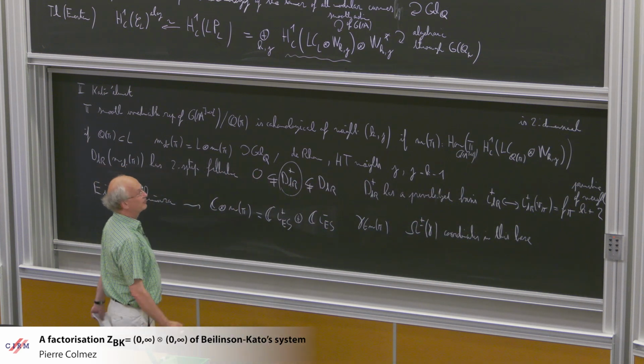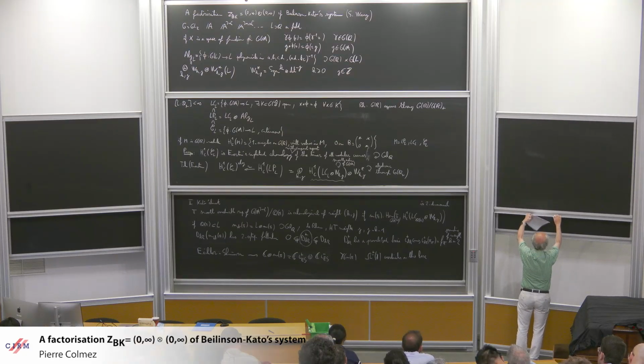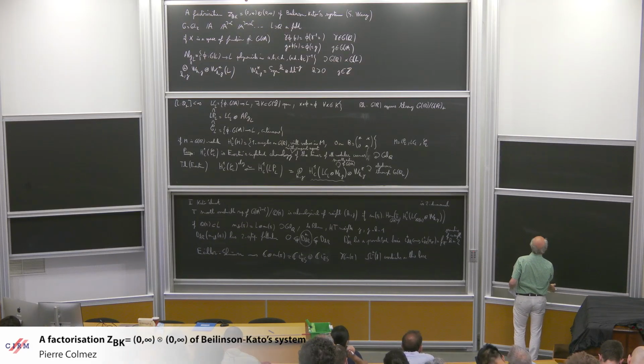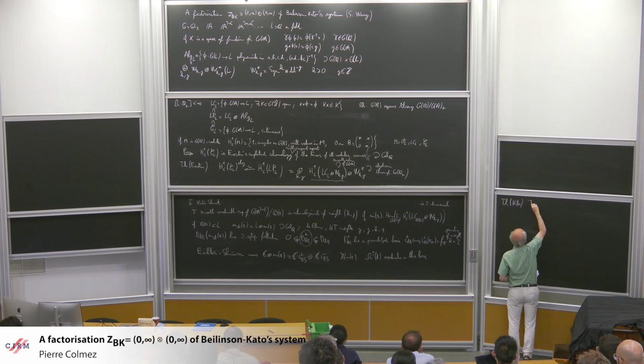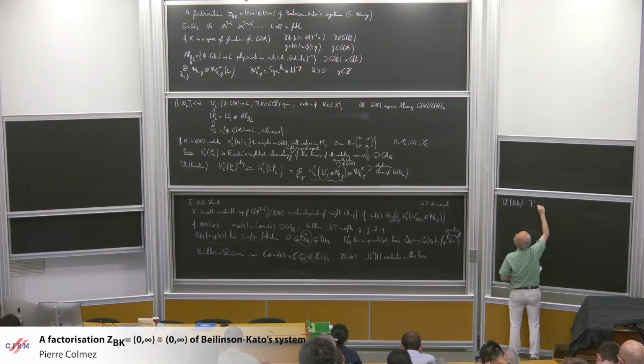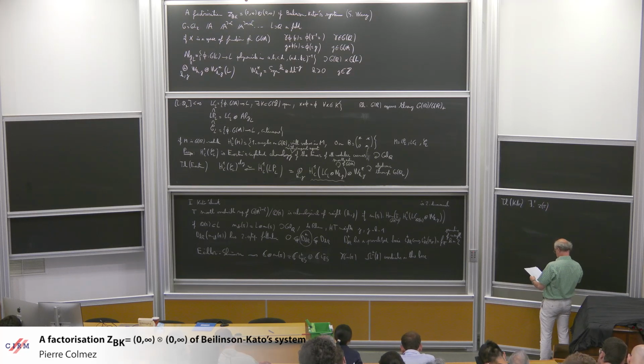And then the theorem of Kato is the following. Theorem (Kato). There exists a unique element, zeta of pi, which belongs to the following space.